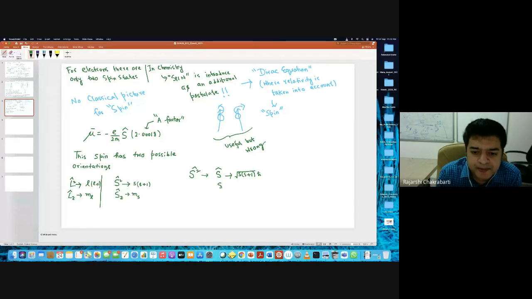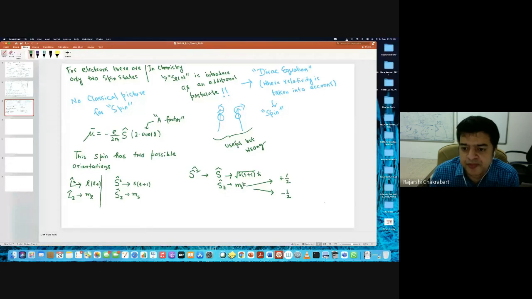Similarly, Sz would have value ms times h cross, but I told you that ms has only two possible values: one is plus half, another one is minus half. What is this plus half?